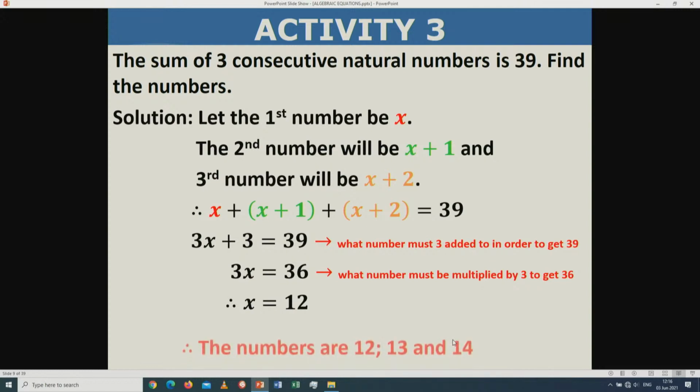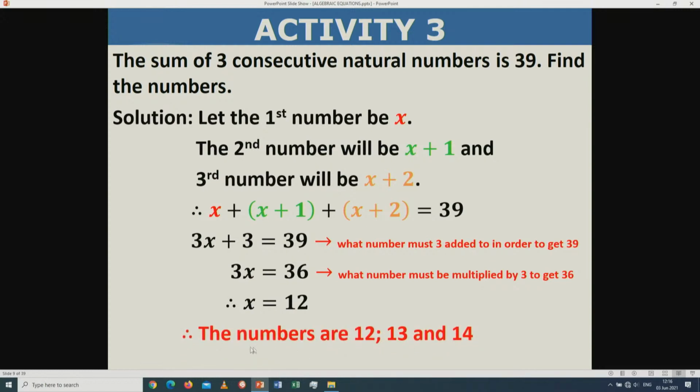So let's have a look at it. Yes, the numbers are 12, 13, and 14. So let's check now. If you add 12 and 13, you'll get 25. And if you add 14 to 25, then definitely you'll get 39. So it means we managed to work well.